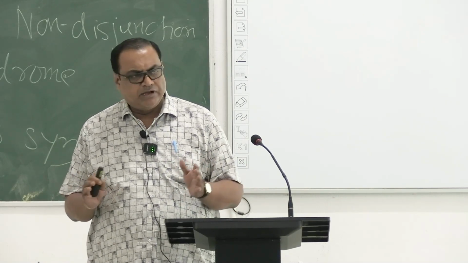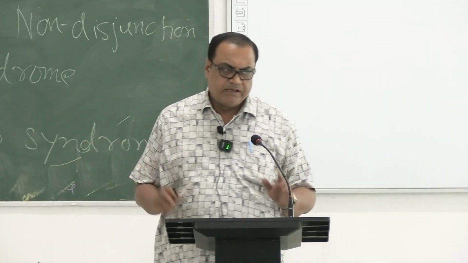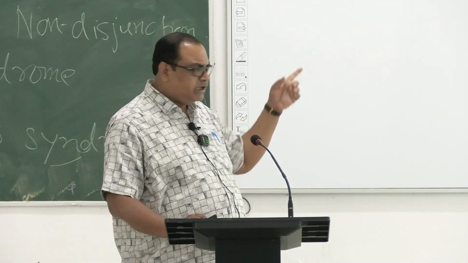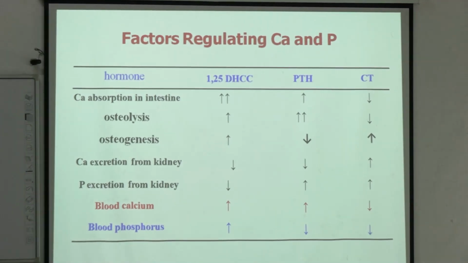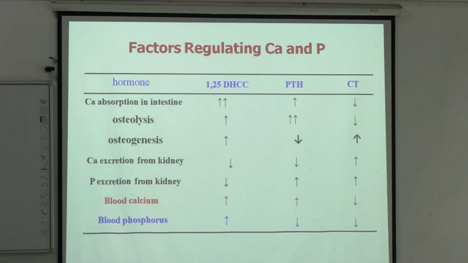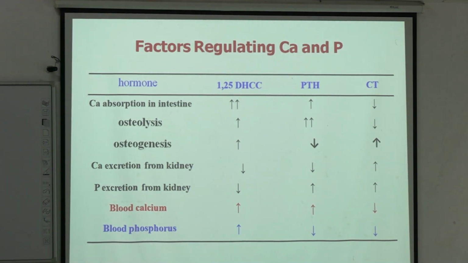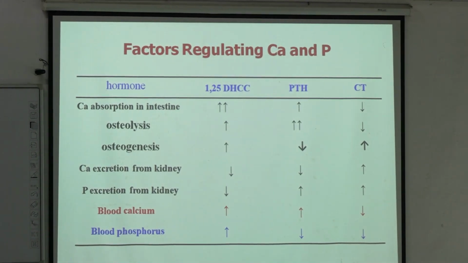The dynamic state is maintained by the osteoblast. The primary step is to form osteoblasts. Therefore, in osteolysis and osteogenesis, in both cases, the effect of vitamin D is increasing. Why? Because in both cases it performs only one single step. What is that? Conversion of osteoclast to osteoblast.